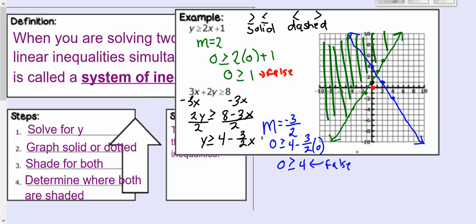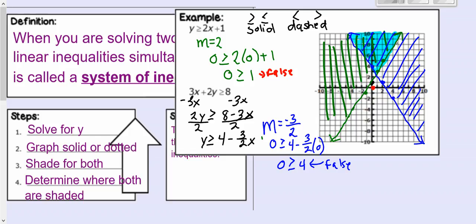So I don't want to shade where my test point is. I'm going to shade on the other side of that line. And what you're going to see, and I'm going to grab my highlighter so I can be sure that you really see it, is I have an area where both of these are shaded. And this is my solution. Any point within this is my solution.